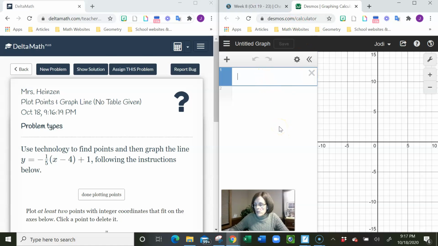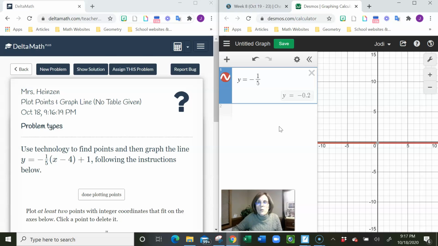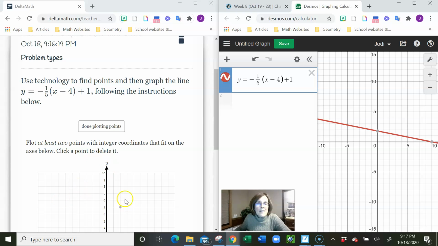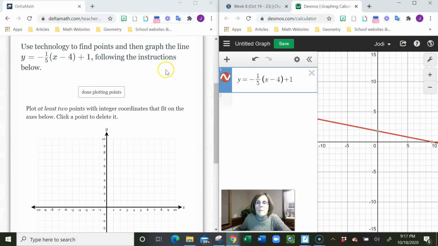So I'm going to type in y equals -1 divided by 5, and then notice I have to use the arrow over button so that I get out of the denominator. And then I'm going to do x minus 4. Notice how it's graphing as I go, plus 1. Now, it'll graph it for me, but I want to be able to plot points on this graph here, on this grid.